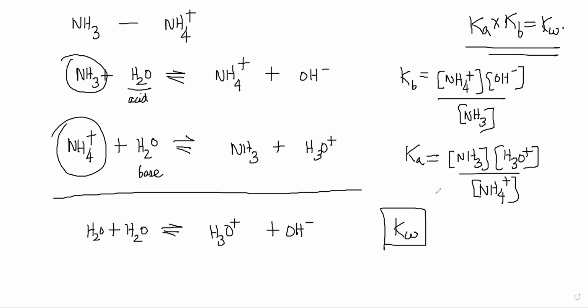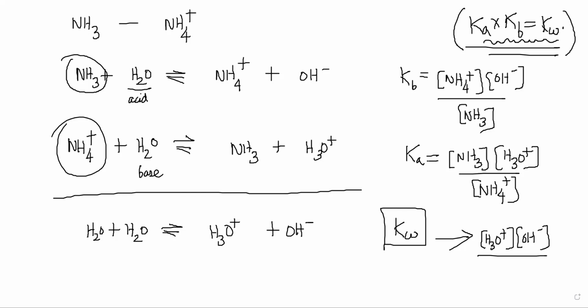And when you multiply, everything cancels and it becomes H3O plus OH minus, which is the Kw, right? So he has proved that Ka into Kb is equal to Kw for any conjugate acid base pair. Then he is saying that what we have shown in this particular case is true in general.